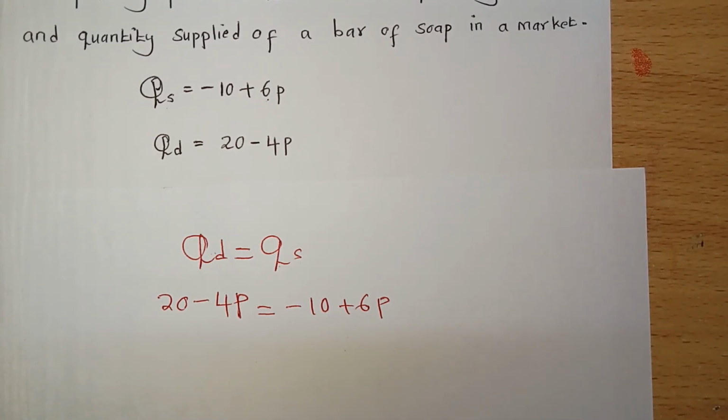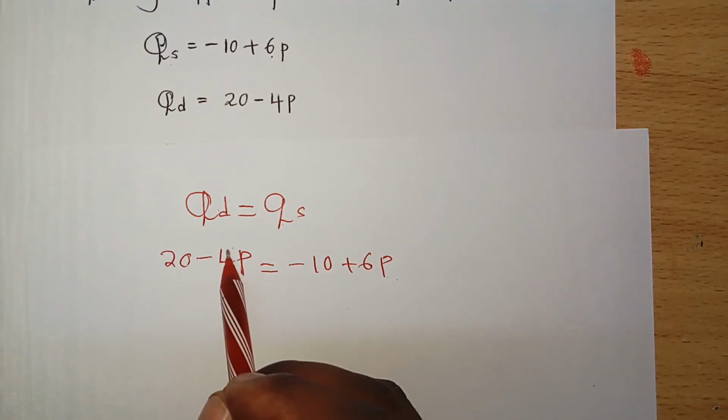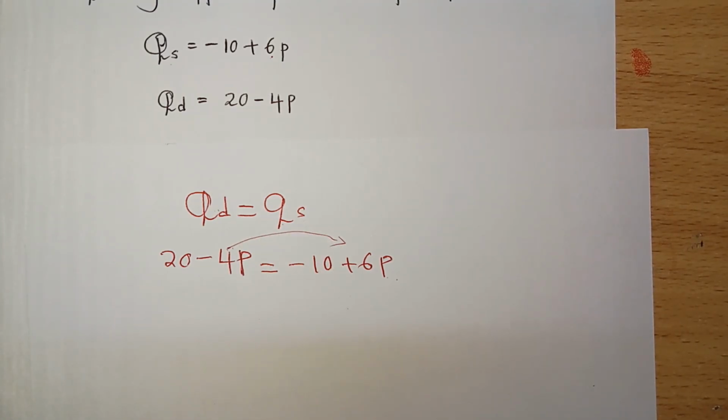Now we are supposed to find the unknown. In this particular case, we have only one unknown, which is p. We can decide to take this negative 4p to the other side, and because it is negative on the left hand side, once it crosses the equal sign, the sign changes from negative to positive.